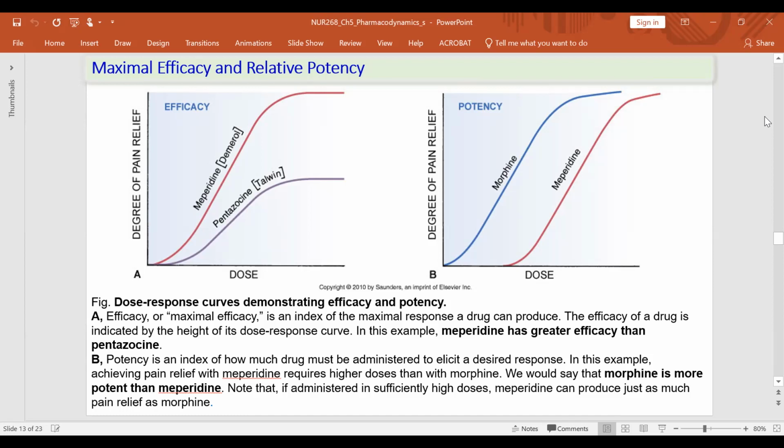If administered in sufficiently high doses, meperidine can produce just as much pain relief as morphine. That's why the most important quality here is the efficacy. Efficacy is a very important quality in a drug. The potency is usually not an important quality.